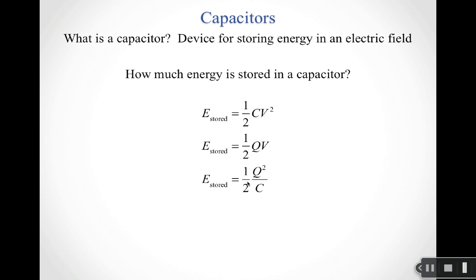We'll see that Q equals CV is the fundamental equation describing what goes on with a capacitor. It and this expression for how much energy is stored within a capacitor are the two really important relationships that we'll deal with when dealing with capacitors within circuits.